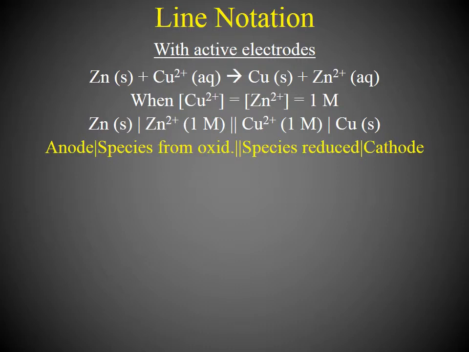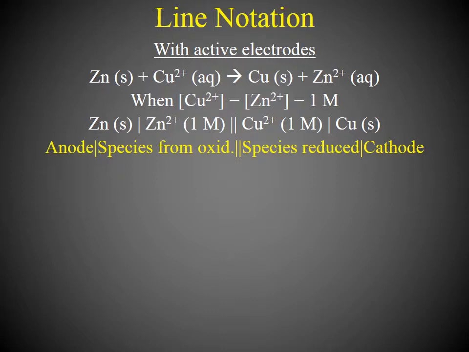On the left side, I start with the anode and I separate with a line the species which is produced by the oxidation, and that species is being produced into a solution of zinc sulfate, which is a 1 molar solution.